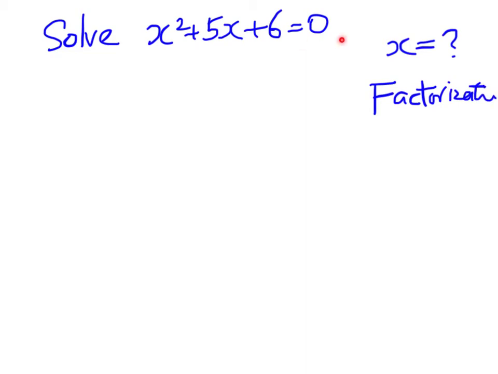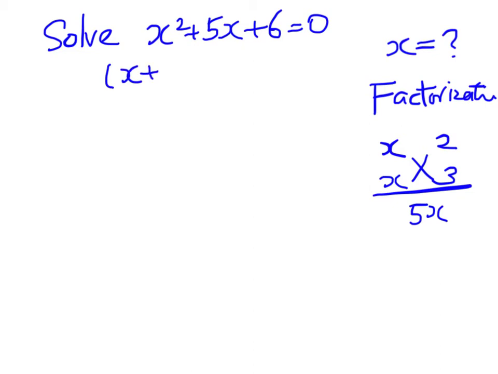Since we have 0 on the right hand side, we can simply factorize the left hand side. We can use the cross method we have come across in Form 2 and Form 3. And this is very simple using the cross method. We have x plus 2 times x plus 3 equals 0.